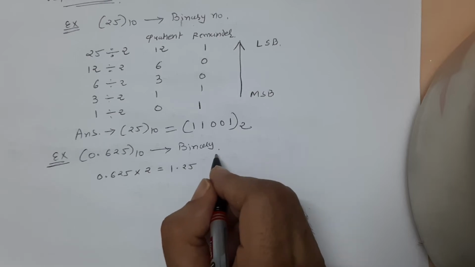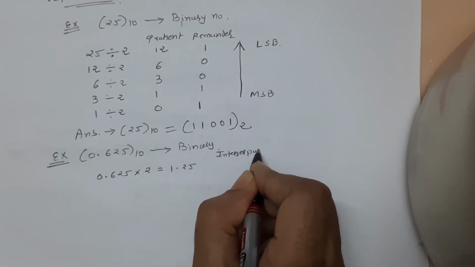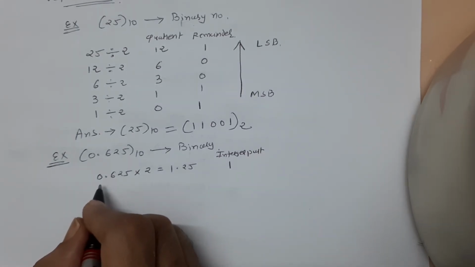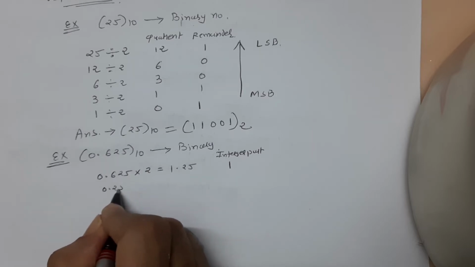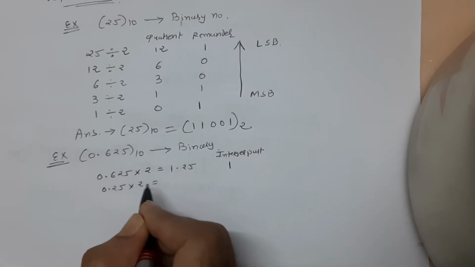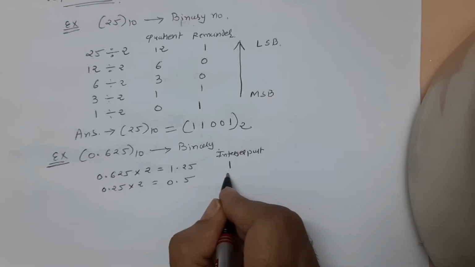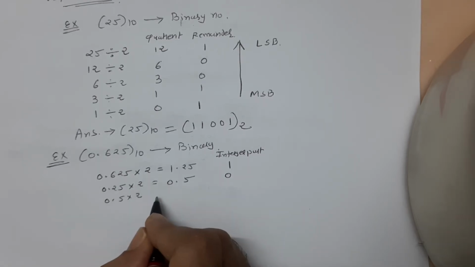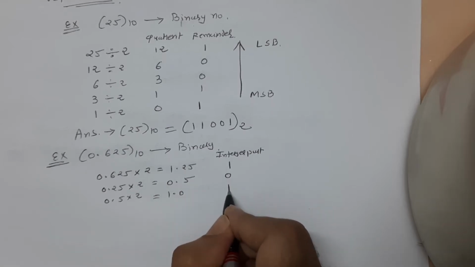Integer part, 1. Then 0.25 into 2 is 0.5, integer part 0. Then 0.5 into 2 is equal to 1.0, integer part 1.